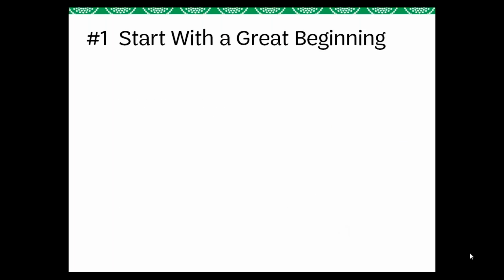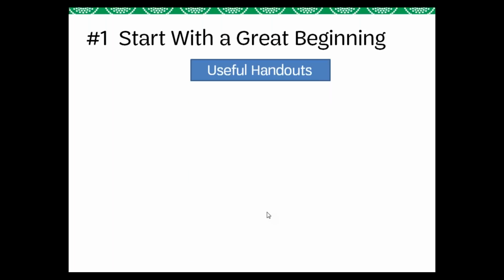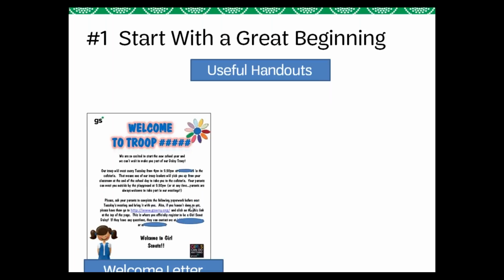All right, here are some handouts that I mentioned I wanted to show you. Again, these are not required. They're completely optional. You may already have something like this for your troop. If you would like a copy or an electronic version, just reach out to me. The first one is what we call a welcome letter.